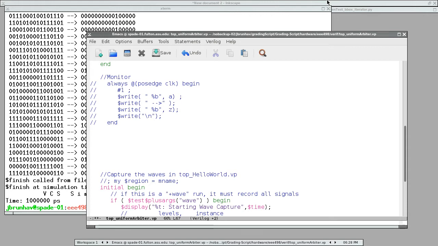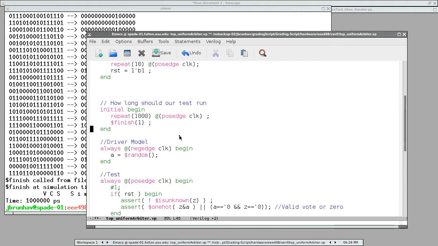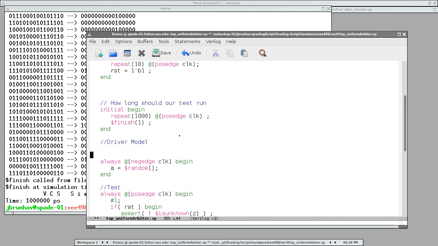We're going to need to do two things to our test bench, because right now our test bench is just putting random numbers on the input, right? So one thing is, this probably needs to be more clever.